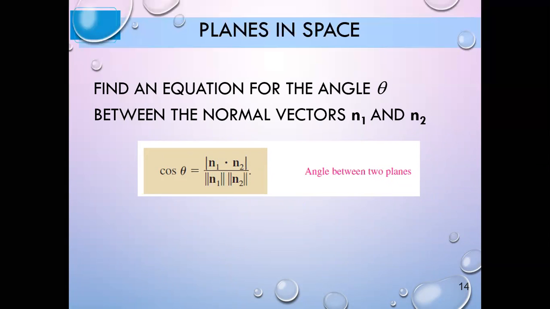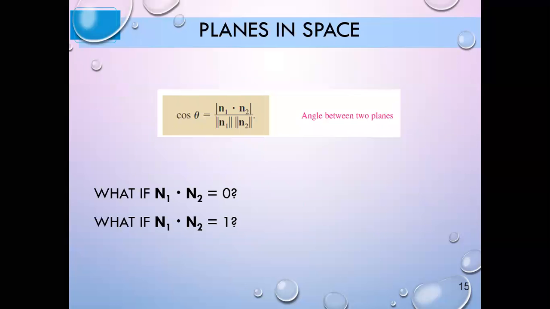That's why that absolute value is there, because it guarantees that 0 is less than or equal to theta, which is less than or equal to 90 degrees. Okay? Cool. All right. So what if the dot product of n1 and n2, oops, those aren't supposed to be caps, it's because of the font we're in here, right?